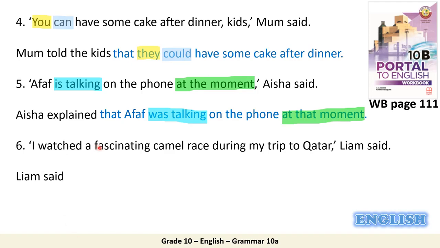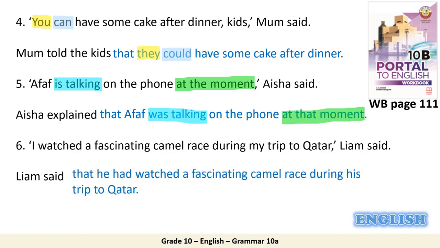Alright, what about the last example? I watched a fascinating camel race during my trip to Qatar, Liam said. And we are going to start with Liam said, so we didn't change the reporting verb. So Liam said, excellent, that he had watched a fascinating camel race during his trip to Qatar.